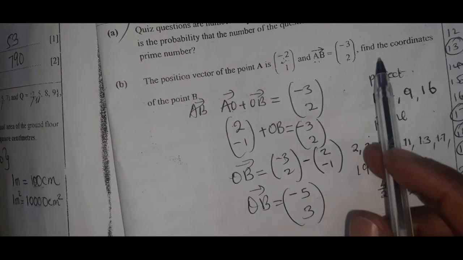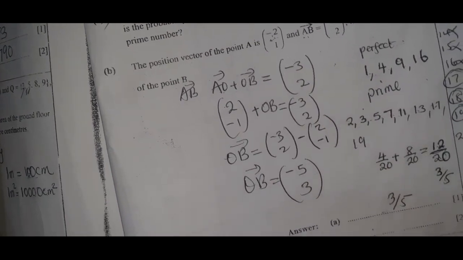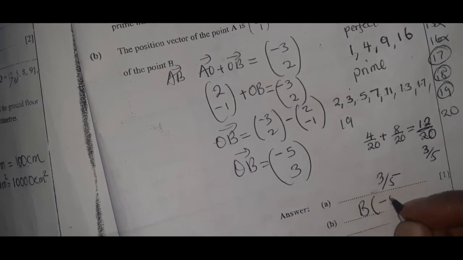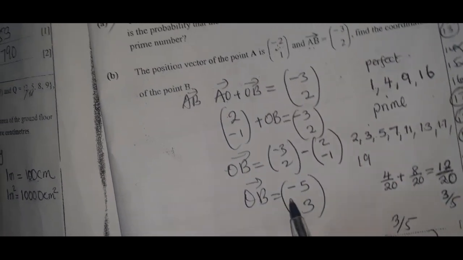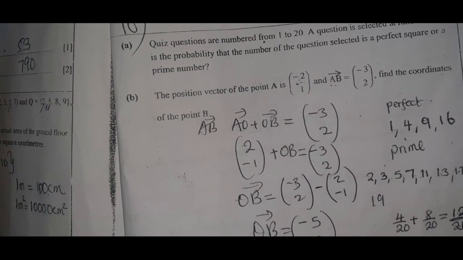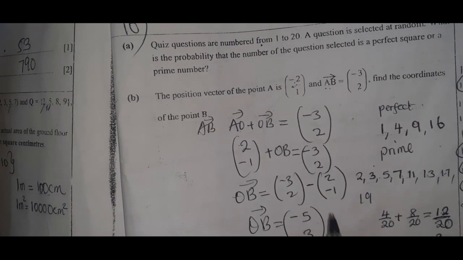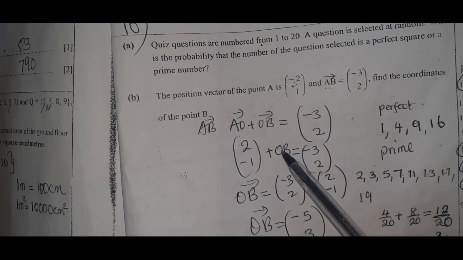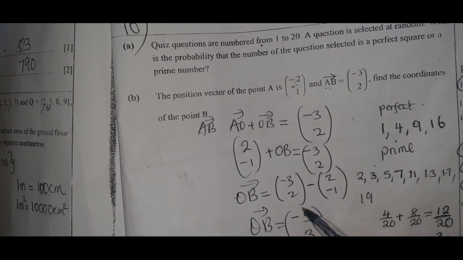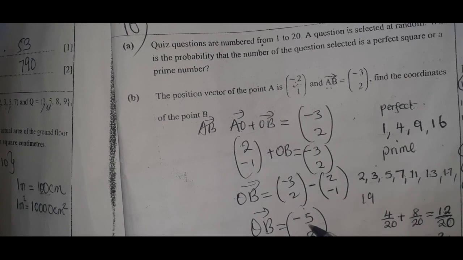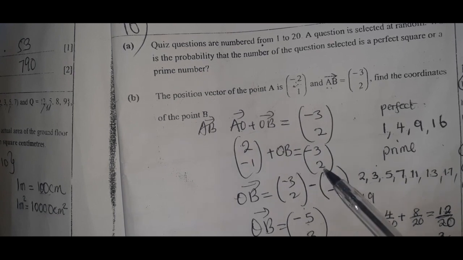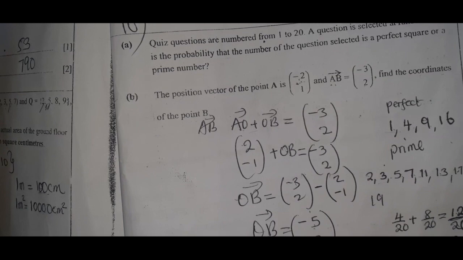Okay, so if we're talking about the coordinates of B, it's these same ones here. That's what we're going to get. Okay, so if you want now, you can try to put this here and see if you're going to get this one. Definitely you'll get the same one.